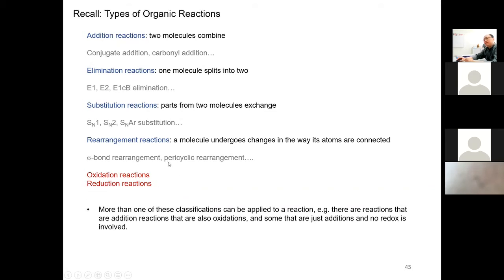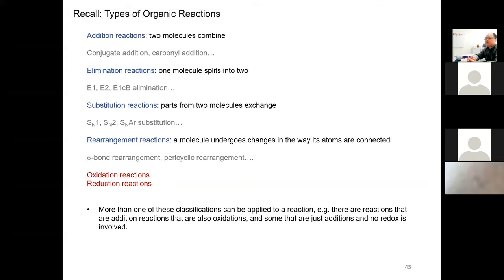So what I want to state here is that more than one of these classifications can be applied to a reaction. So there can be a reaction that is, let's say, an addition reaction, where 2 molecules combine, but it can also be an oxidation reaction. So it is both an oxidation reaction and an addition reaction.